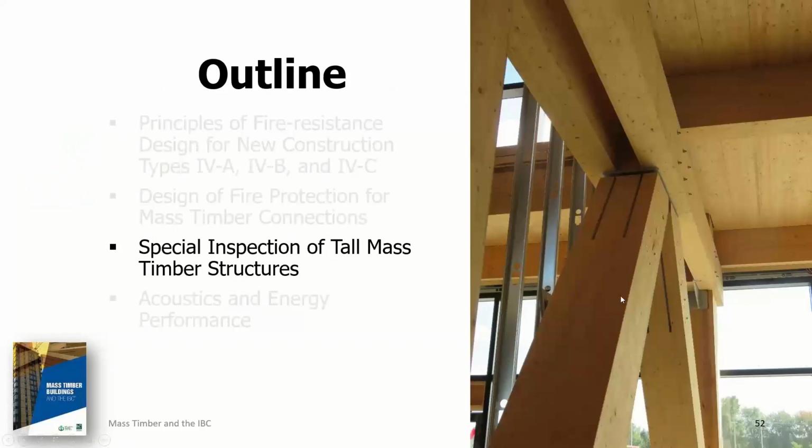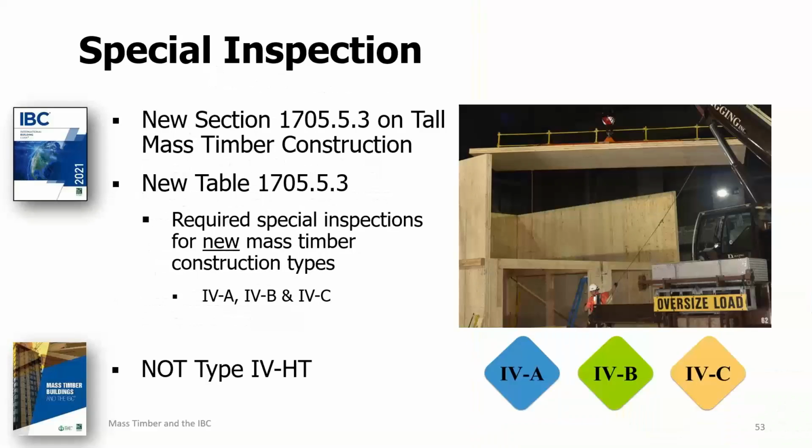All right, so now let's explore the code requirements regarding special inspection for these new mass timber construction types. The special inspection requirements for types 4A and 4B and 4C construction are contained in new section 1705.5.3 of the 2021 IBC.